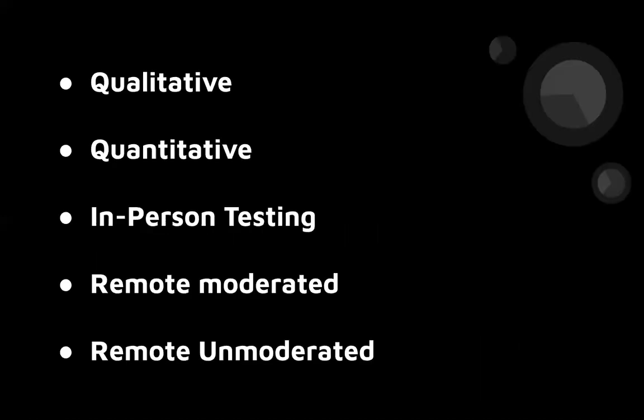So we have qualitative. Qualitative testing focuses on collecting insights or findings about how people use your product or your service. Qualitative usability testing is best for discovering problems in the user experience.